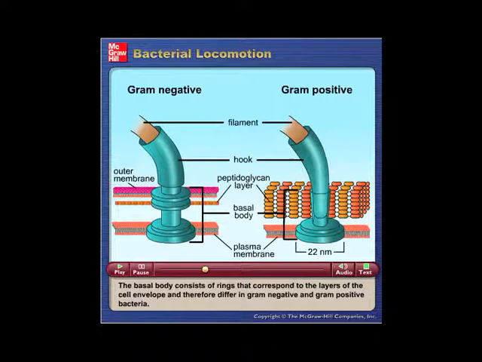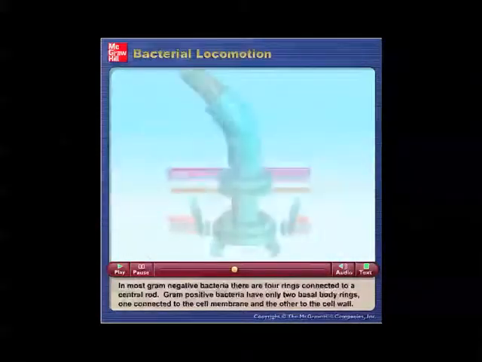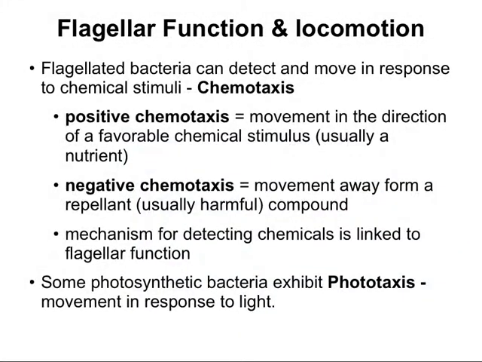The basal body consists of rings that correspond to the layers of the cell envelope and therefore differ in gram-negative and gram-positive bacteria. In most gram-negative bacteria, there are 4 rings connected to a central rod. Gram-positive bacteria have only 2 basal body rings, one connected to the cell membrane and the other to the cell wall. So what is it that causes bacteria to move?